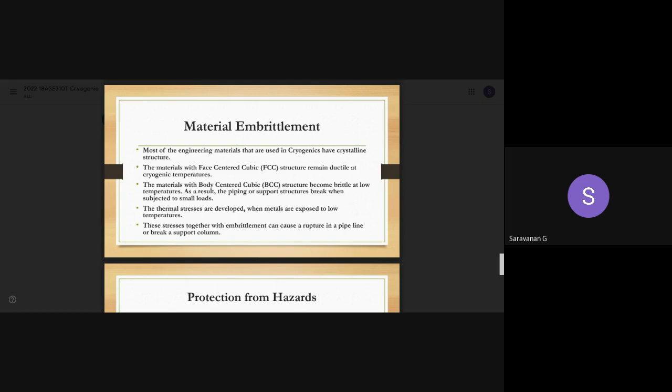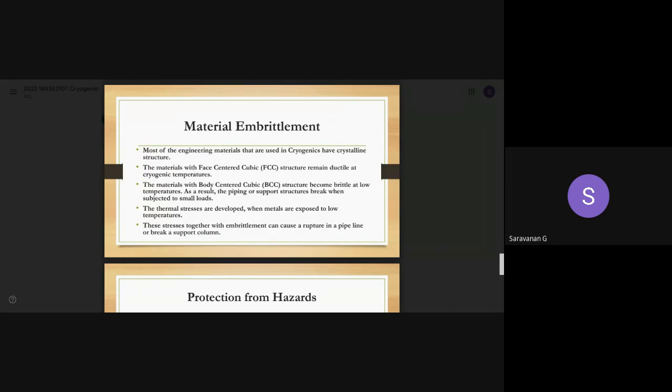In both cases, they are operating in the low temperature regime of cryogenic fluids, or very extreme low temperature fluids. Because of that, FCC and BCC materials tend to have surfaces that are both ductile and brittle in nature.